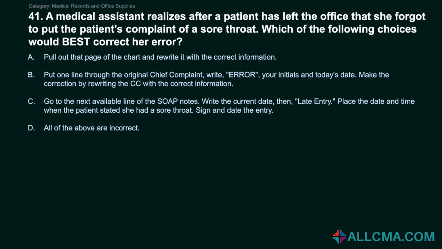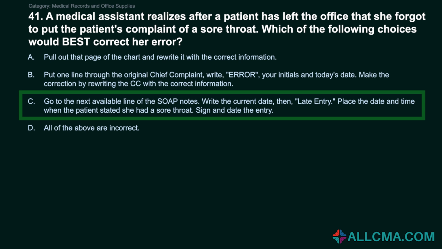Make the correction by rewriting the CC with the correct information. C. Go to the next available line of the SOAP notes. Write the current date, then, late entry. Place the date and time when the patient stated she had a sore throat. Sign and date the entry. D. All of the above are incorrect.